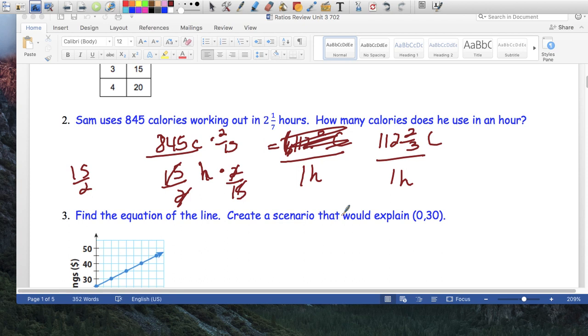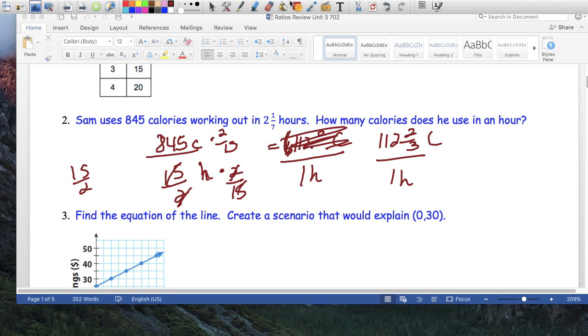No, something's off. 845 times 2 equals that. Divide that by 15. That's what I get. 112.66 per hour. Why don't I feel like this is correct? Should be more.